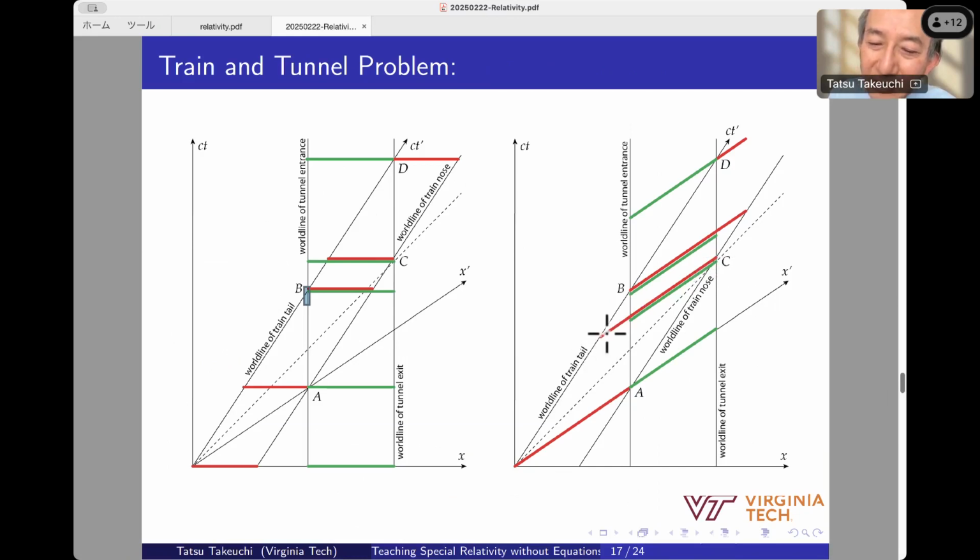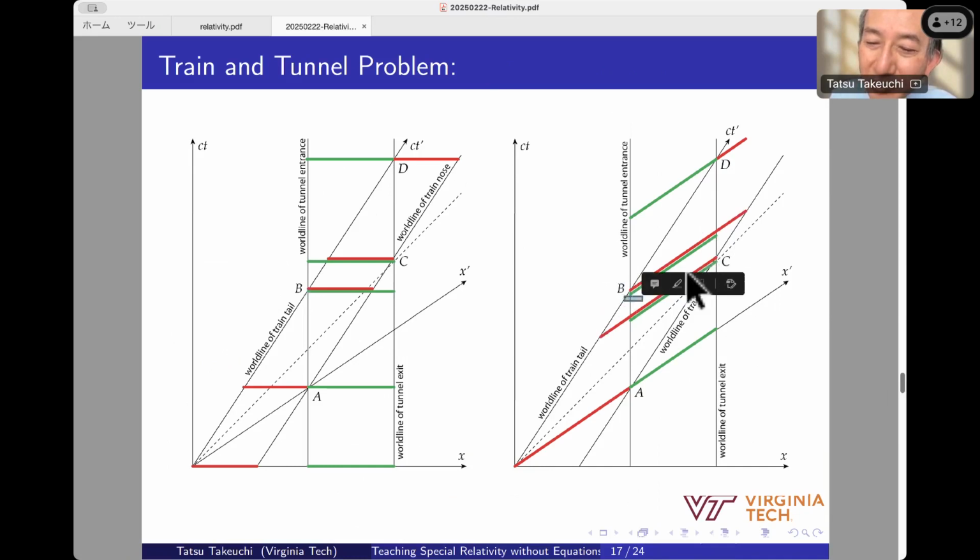Okay, and the door on the entrance of the tunnel is still open because the door doesn't close until you reach point B. And in the moving train's frame of reference, point B is happening after C. So when the nose of the train emerges from the tunnel at C and the tail finally enters at B, B is happening after C, so the door on the exit is open before the door on the entrance closes.